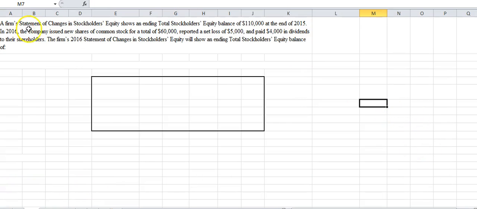Okay, this says a firm's statement of changes in stockholders' equity shows an ending total stockholders' equity balance of $110,000 at the end of 2015.